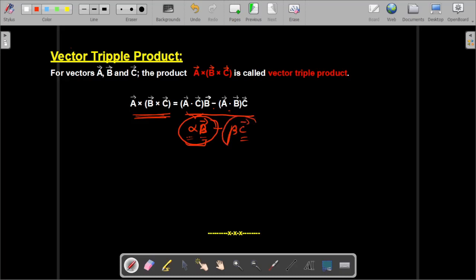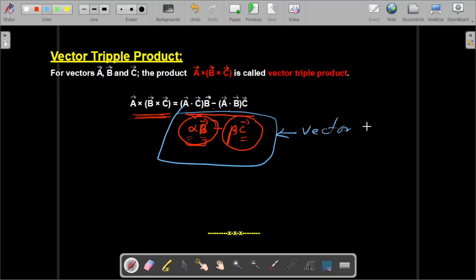Similarly, this is also a vector quantity. And this bigger expression, the whole expression, is a vector quantity. Therefore, this product is called the vector triple product. Understood?